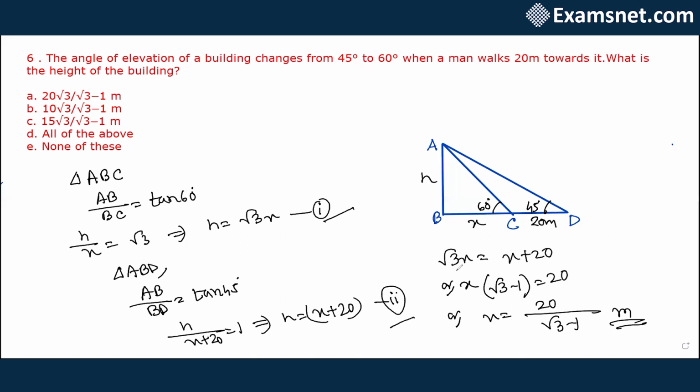From the given options, option A is 20√3, no. So none of these, because we have got the answer as 20 by (√3 minus 1), and that's not provided in any of these options. So here we will go for option E, none of these.